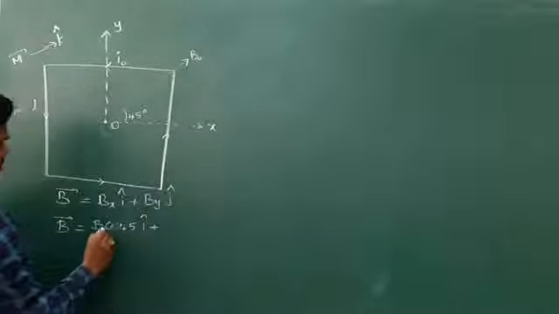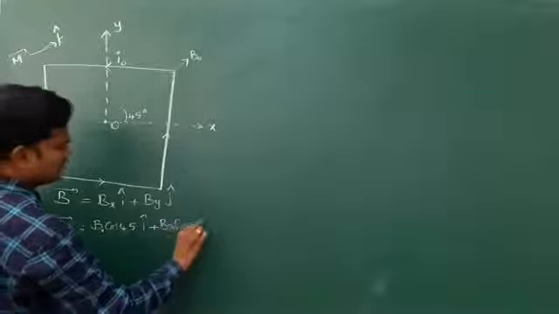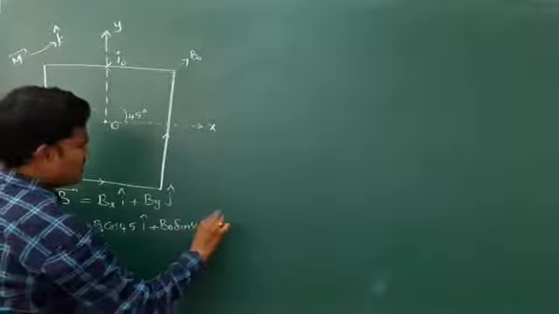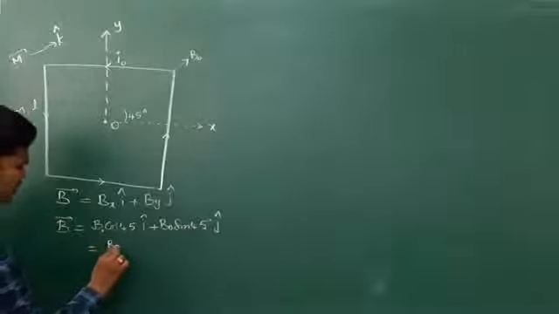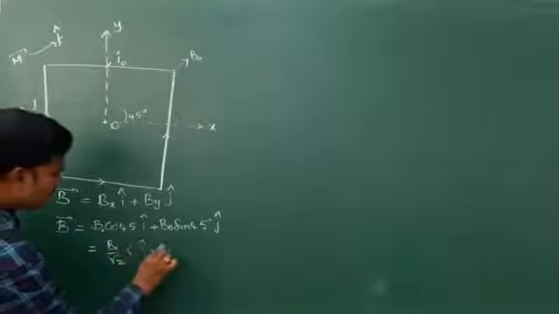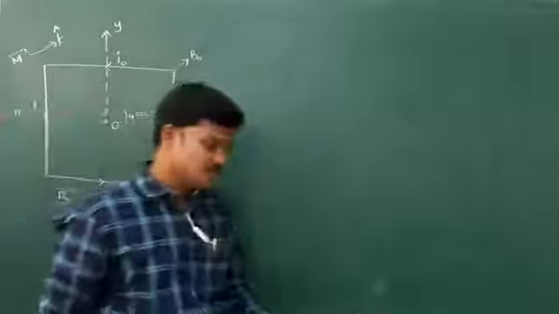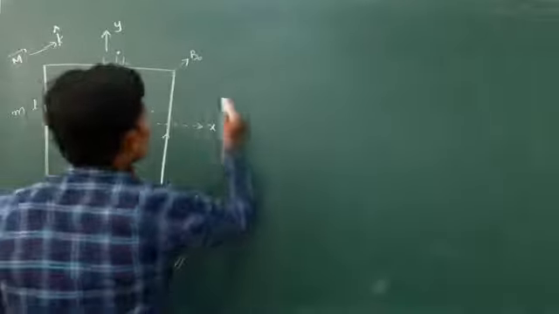So B0 cos 45 i cap, B0 sin 45 j cap. So cos 45 sin 45 is 1 by root 2. Let me write B0 by root 2 (i cap plus j cap). So I got the magnetic field.